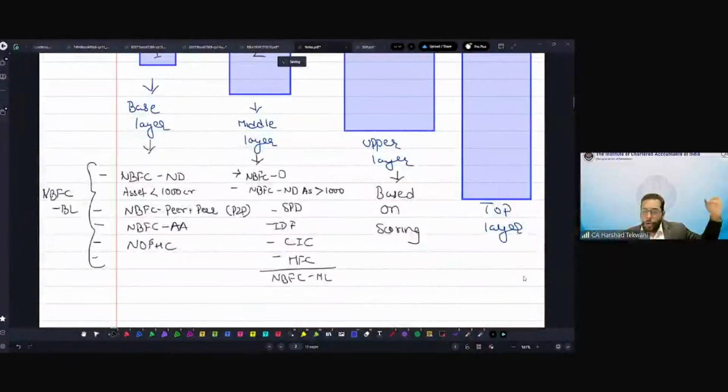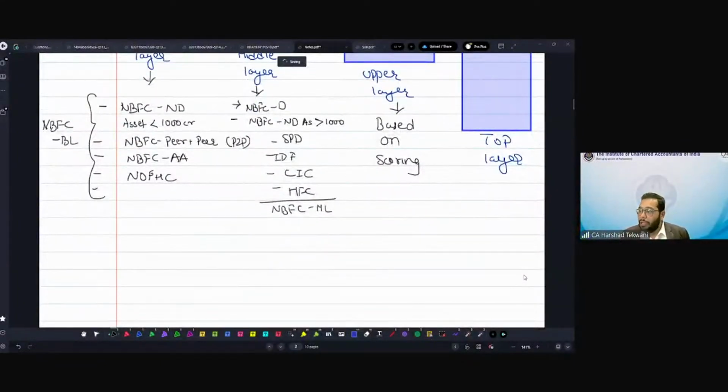So they will do scoring of all the NBFCs, and usually the top 10 scorers will fall under the upper layer, irrespective of any other factor. So they will be determined on the basis of scoring. It can be NBFC-D, it can be ND, but once the scoring is done, if it falls under the top 10 category or any other top as specified by the Reserve Bank, then they will take it under the upper layer.